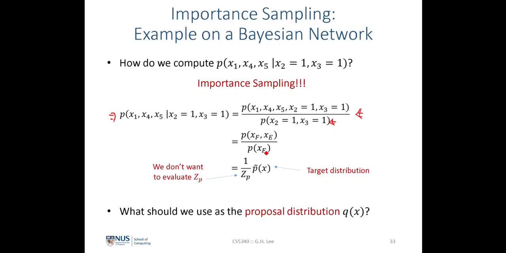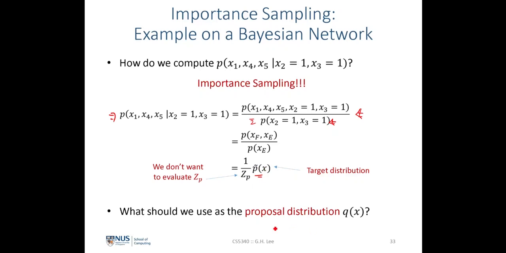In this case, we are going to pretend that this particular normalizing constant is very difficult to evaluate, because it involves a sum or marginalization over many random variables which we don't want to evaluate. Hence, we will let the numerator, the joint probability distribution given by the graphical model, be our target distribution. So this is our P tilde.